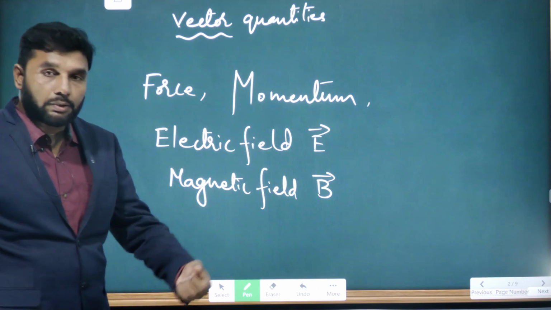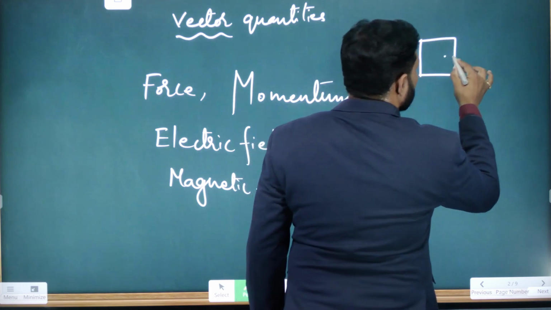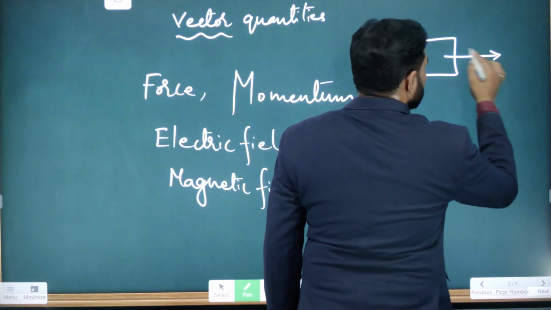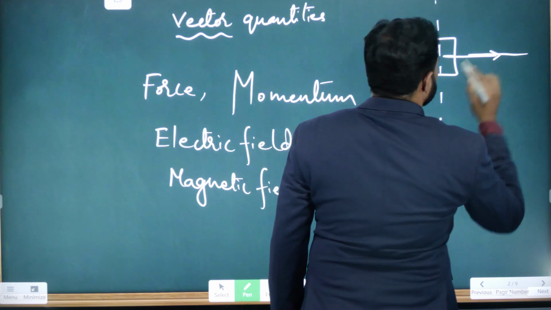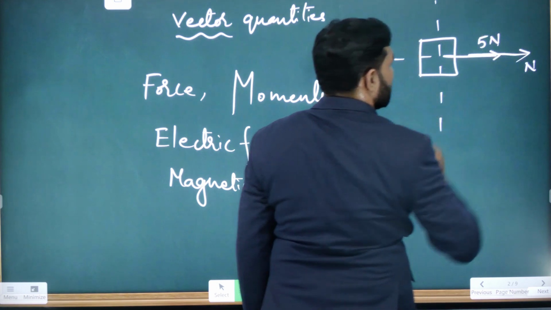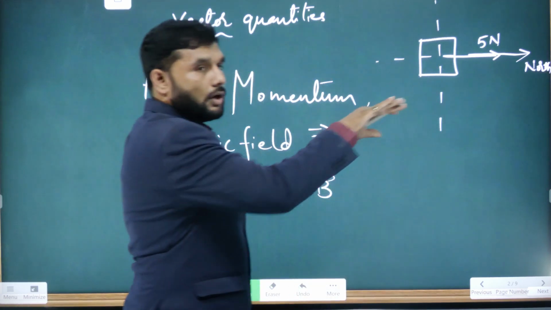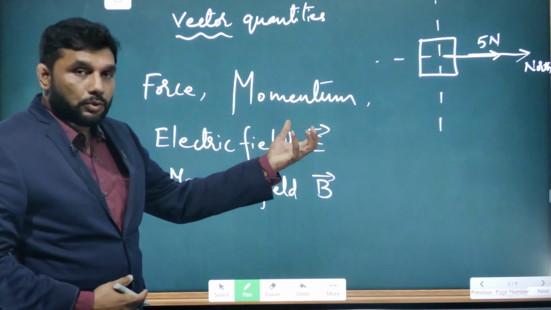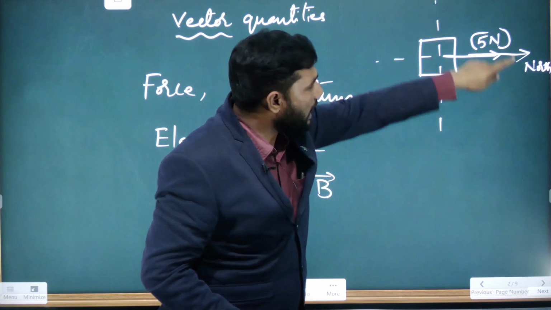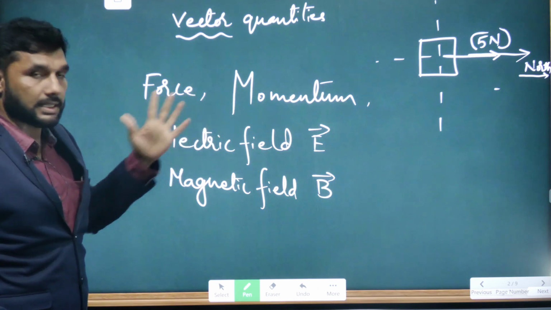For example, if I am pulling an object along one direction, suppose the object is pulled towards the north by applying a force of 5 Newton. 5 Newtons is the magnitude of the force, and the direction is towards north. That means it has both magnitude as well as direction.